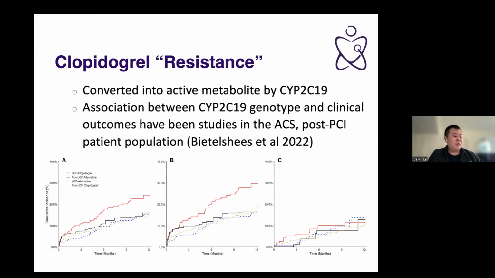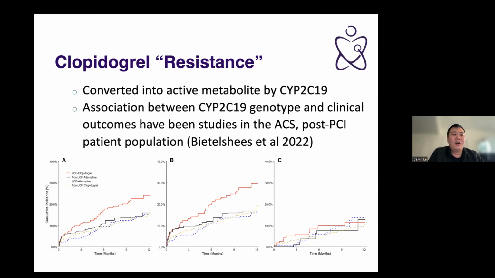And this relates to what is known in the literature as clopidogrel resistance. As I said, clopidogrel is converted to active metabolite by the liver. It's been studied in the post-PCI population that there's been association between these loss of function genotypes and poor clinical outcomes.